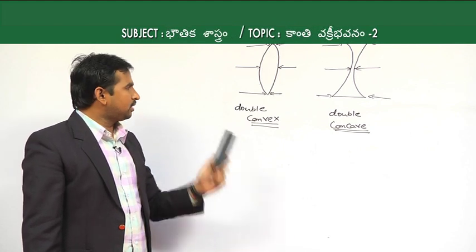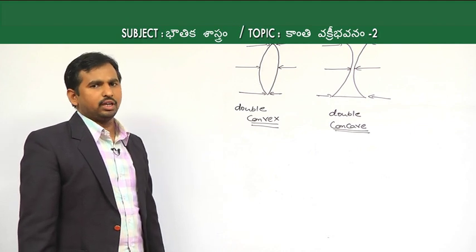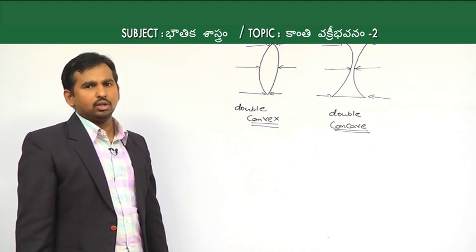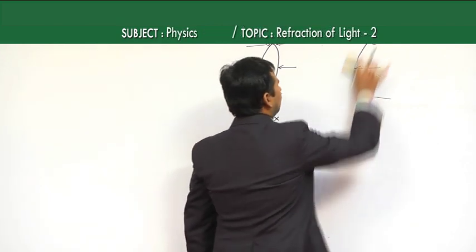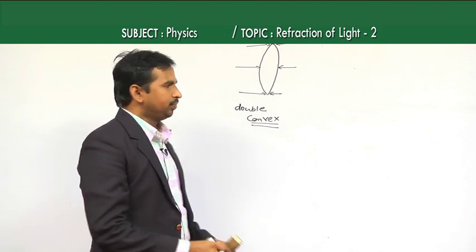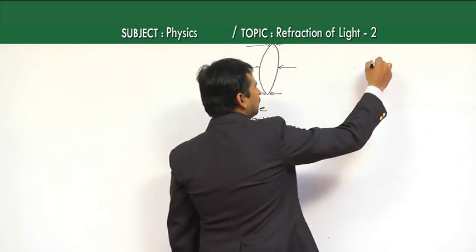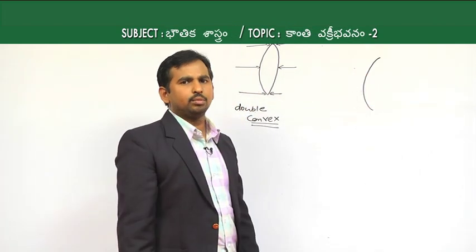Okay. Now, we will see how a double concave lens and a double convex lens behave during the refraction effect. At first, if you are taking a convex lens, which is a double convex lens, the light ray is coming from rarer to denser, started from air.